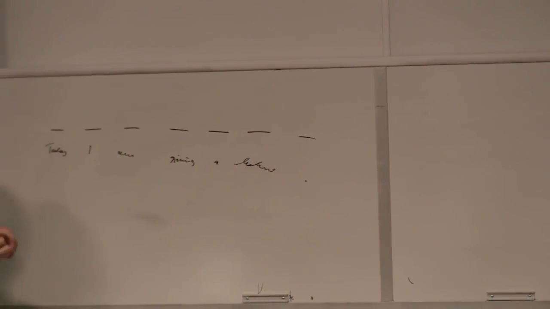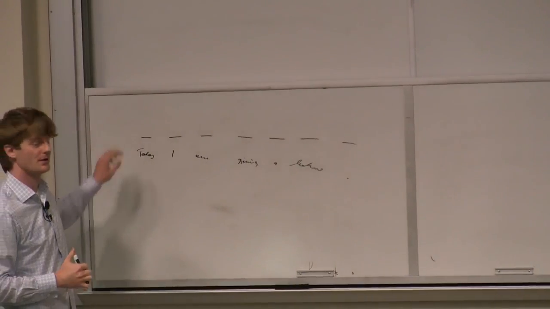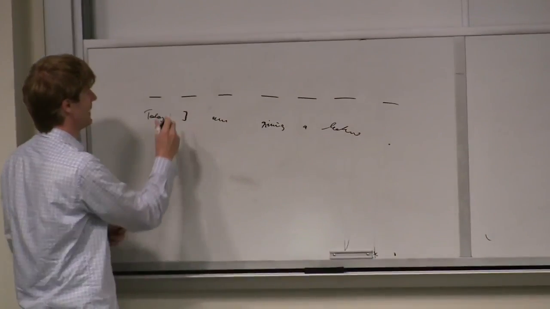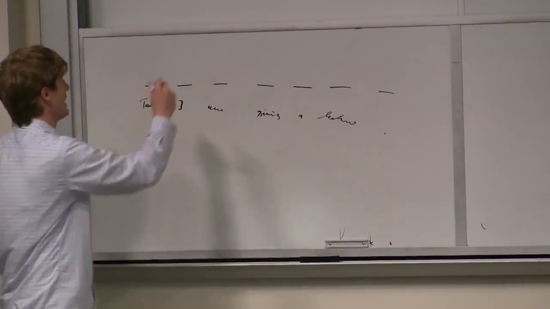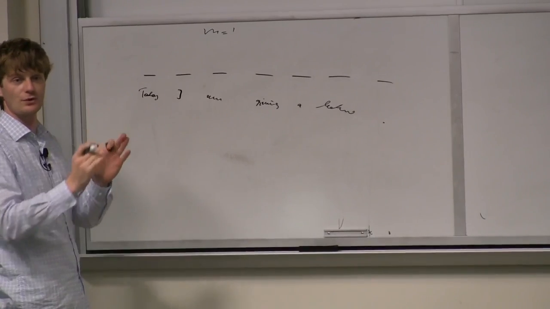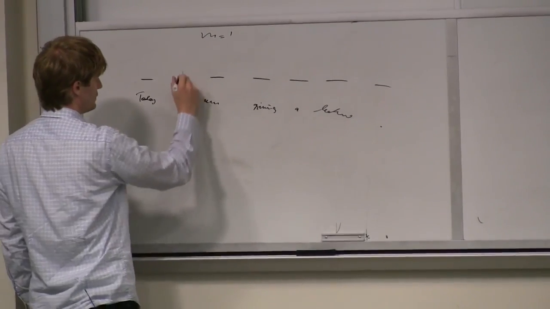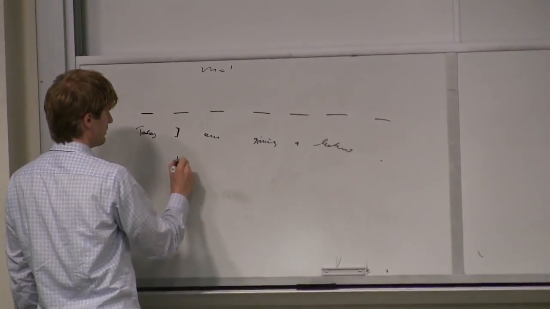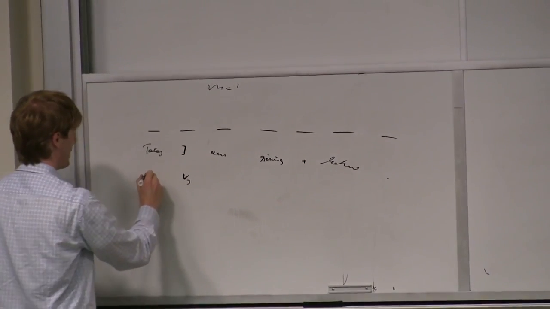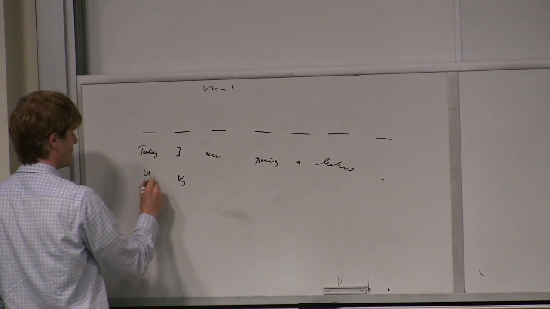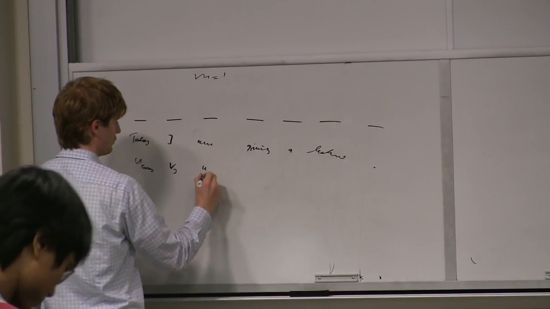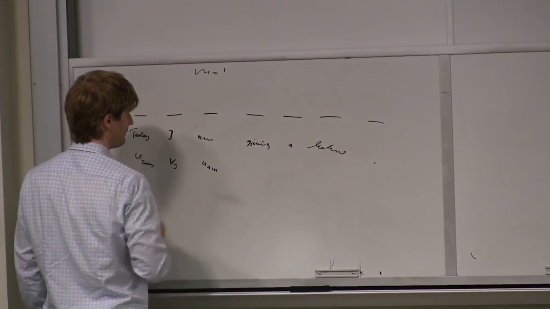And so let's say for now we don't have a start word, so we will just start at this word right here, I. And let's say our window size m is just 1, so we just look one word to the left, one word to the right. Now, if we start here, then this will be the vector v for the word I, and then we have the vector u for the outside word for today, and the vector u for am.